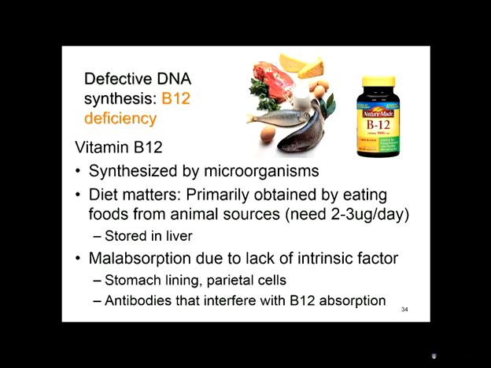It's one of the key molecules that has to bind B12 to deliver it to the right receptors in the ileum so that the B12 can be absorbed. Without the intrinsic factor, there's very little B12 that gets absorbed, very little. There's some still absorbed, but not very much.